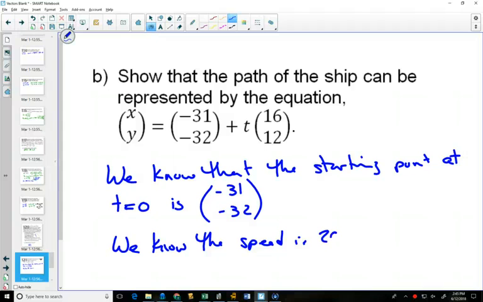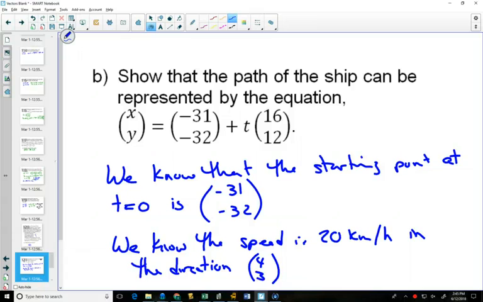We know the speed is 20 kilometers per hour in the direction 4, 3. What does that second statement allow us to find? We could find the velocity vector.